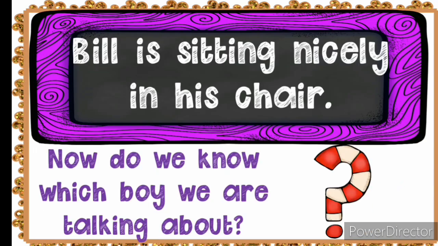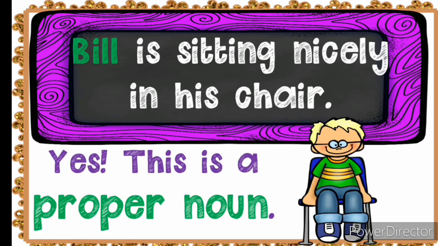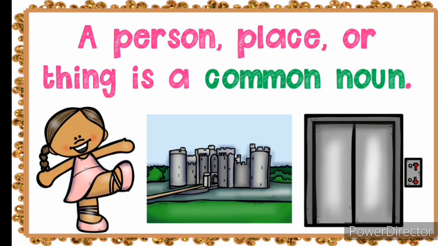Let's try something else. Bill is sitting nicely in his chair. Now, do we know which boy we are talking about? Let's find out. Yes, this is a proper noun because Bill is the name of one of the boys that we saw in our last slide.